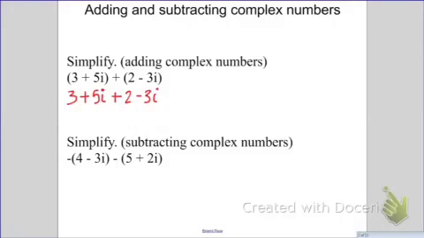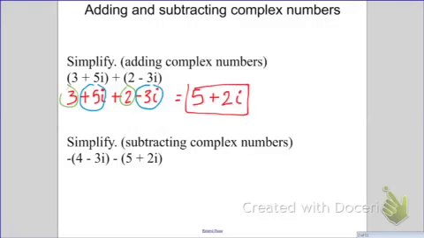So our like terms are the 3 and the 2, and then also our positive 5 and our negative 3 for the i's, giving us an answer of 3 plus 2 is 5, and 5 plus negative 3 is 2i. It's as simple and straightforward as that.